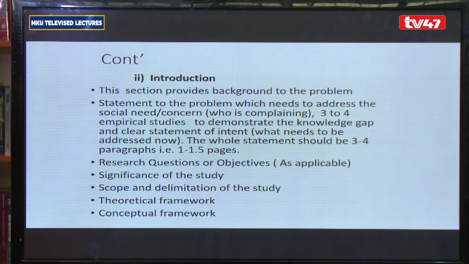We've mentioned that before. It gives us the research questions or objectives, the significance of the study, the limitations of the study, the theoretical framework, and the conceptual framework. That is the second section of the concept paper.